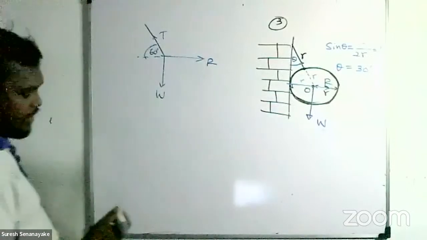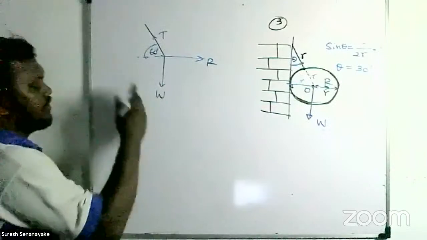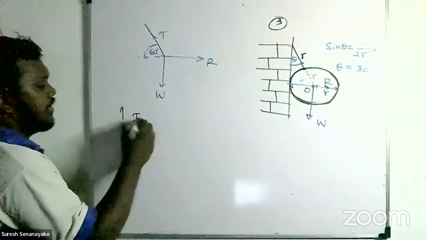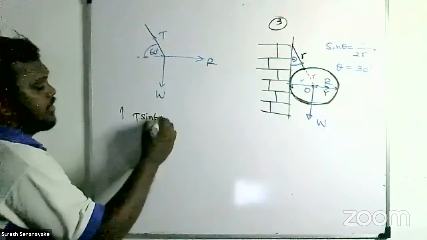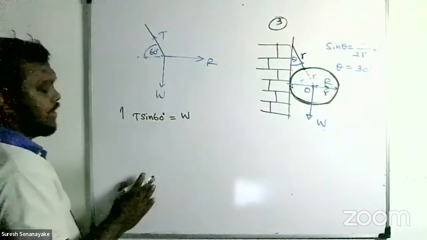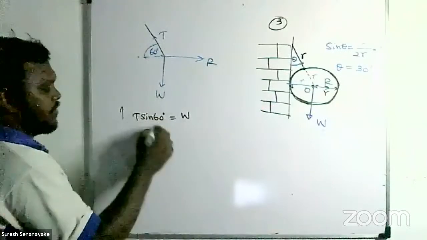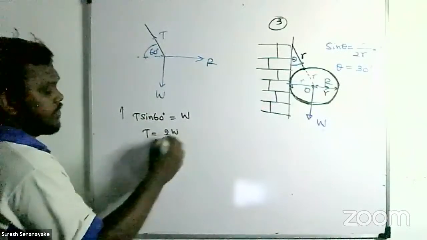If you are not familiar with drawing the triangle, then you can resolve the upward forces. T sine 60 equals the downward force, that is W. There are no others. Then T equals W over sine 60, and sine 60 is root 3 over 2, so T is 2W over root 3.